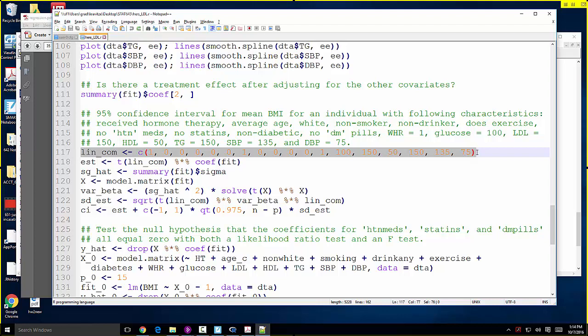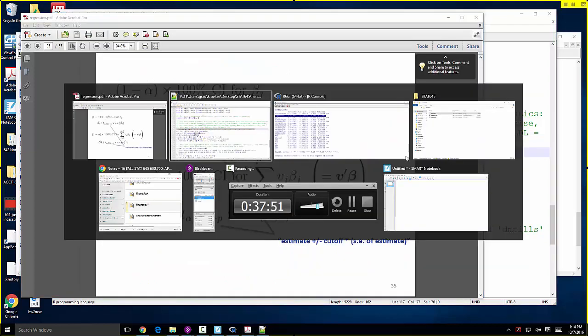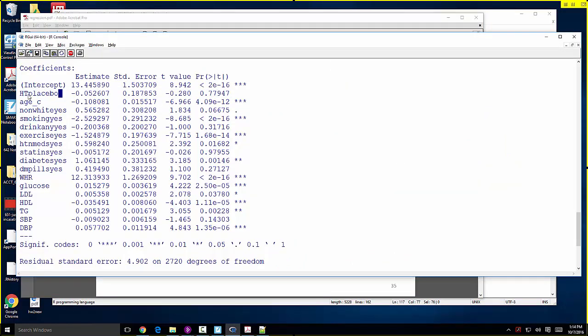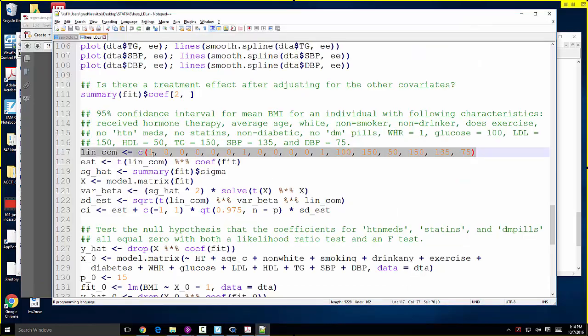The 0 is because this person's in the treatment group, and R has parameterized that variable so that it's 0 for treatment and 1 for placebo. So I want intercept, treatment, age C is 0 because they're average age, and so on. The last few, I said DBP was equal to 75, systolic blood pressure 135, triglycerides, and so on.